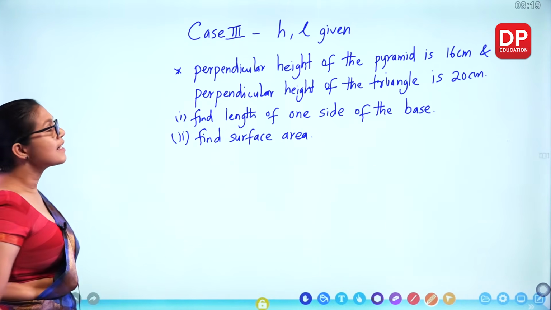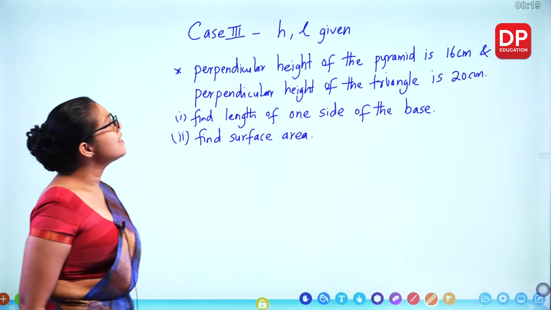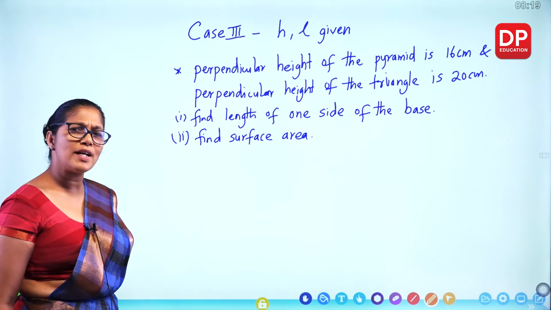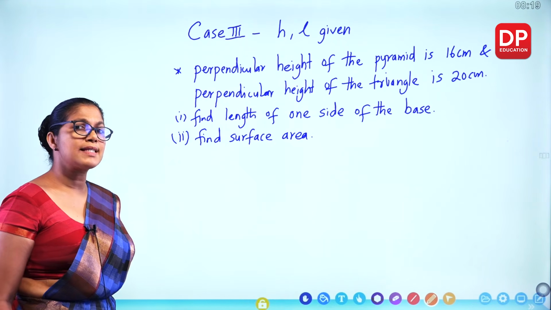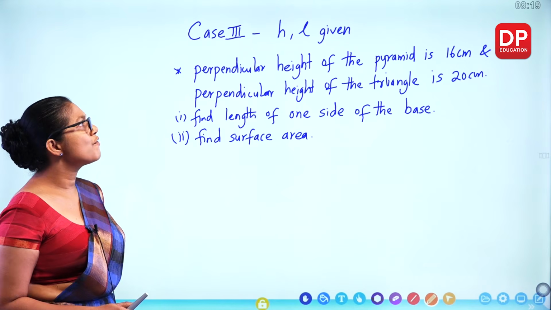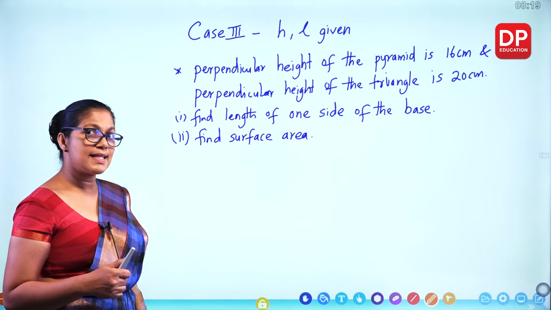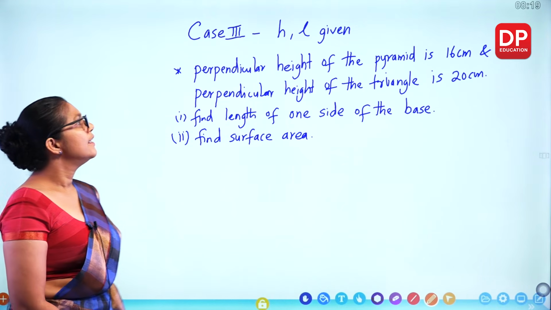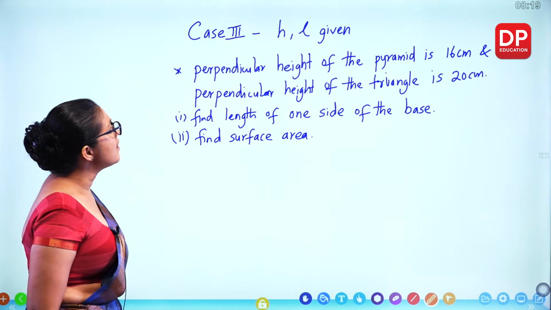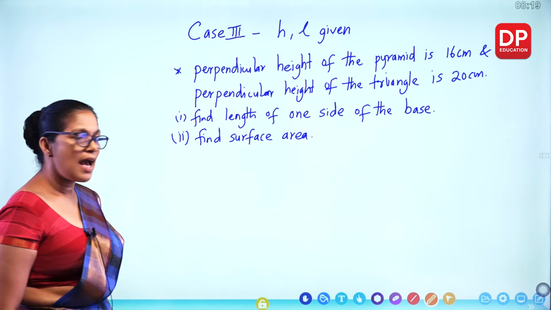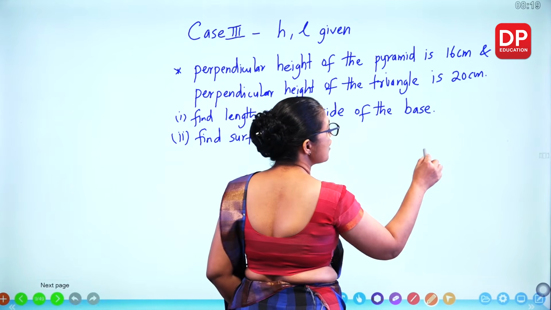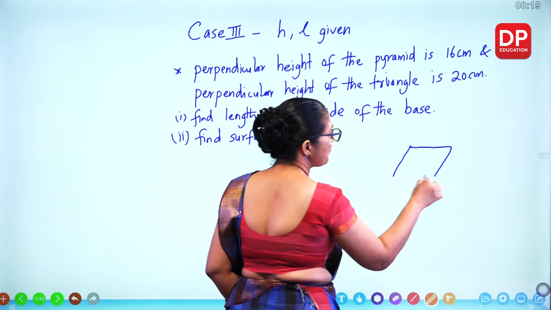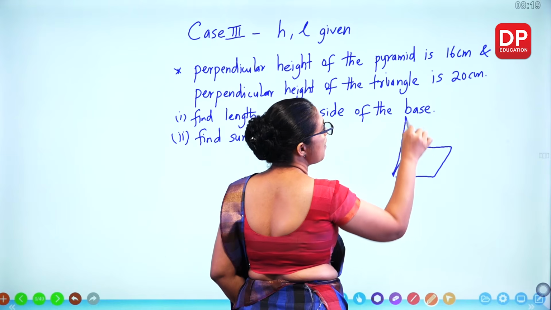Now we'll take the third case. In the third case, H and L are given. So what is H? H we took as the perpendicular height of the pyramid and L is the perpendicular height of the triangular face. So if both are given, how can we find out the other lengths? Now we'll try to draw it. So here, this is a pyramid, square base pyramid.